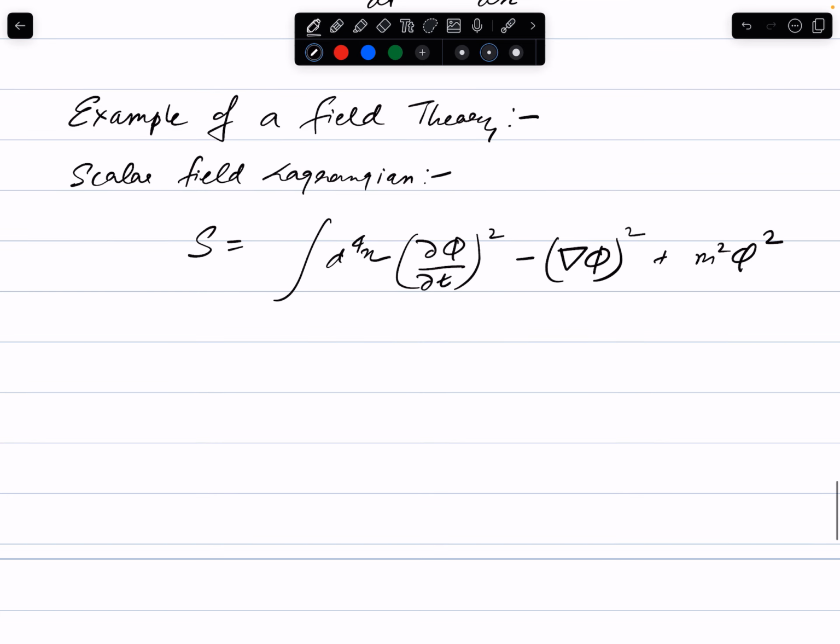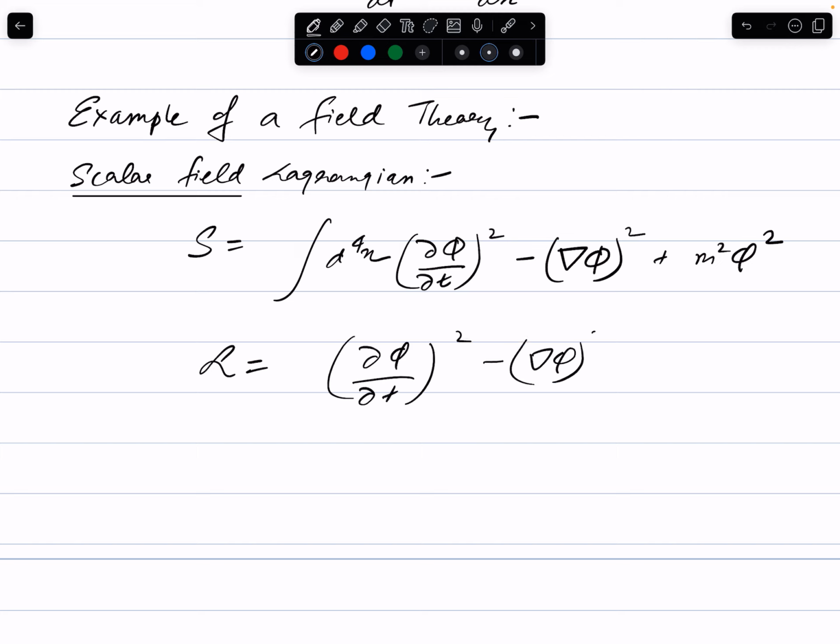This is called the scalar field Lagrangian, and here the Lagrange's equation of motion is del phi del t square grad phi square plus m square phi square, and this m is the mass of the field.